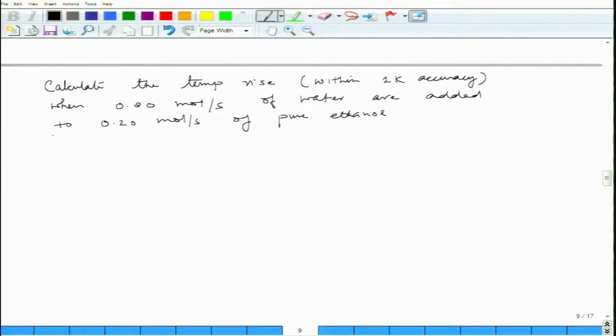And the condition is that it is an adiabatic continuous flow process.